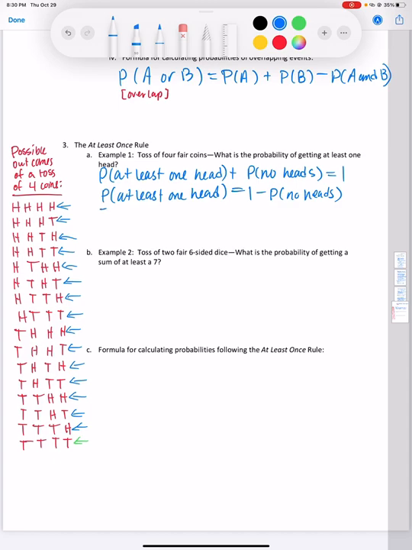So that's equal to 1 minus the probability of no heads for toss 1, times the probability of no heads in toss 2, times the probability of no heads in toss 3, times the probability of no heads in toss 4.